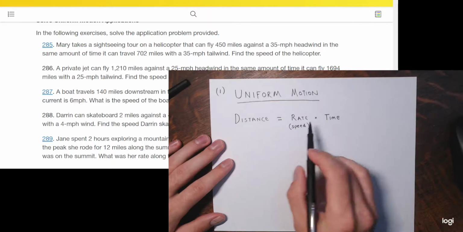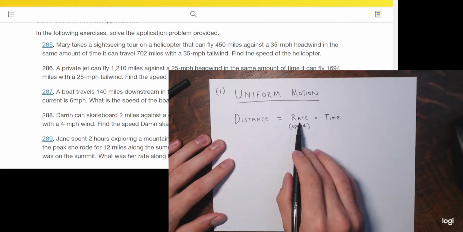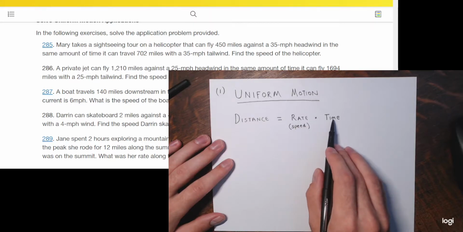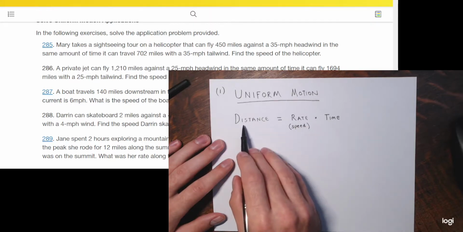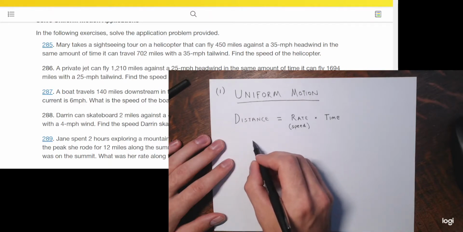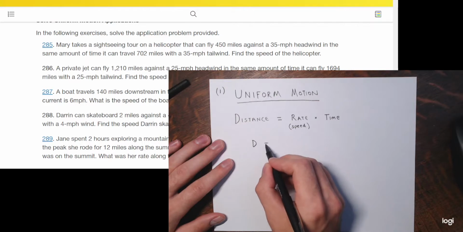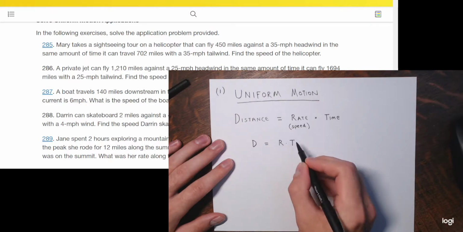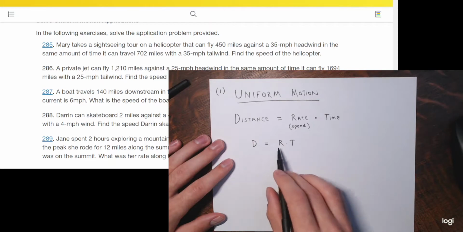And hopefully this makes sense. If you travel 30 miles per hour for 4 hours, well, 30 times 4, that's 120 miles you have traveled, the distance, right? Now I will be abbreviating this as d equals r times t. Distance equals rate times time.